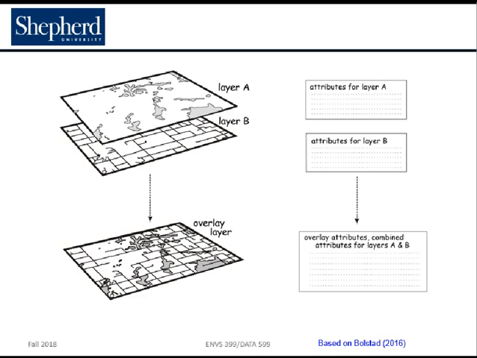Overlays involve combining spatial and attribute data from two or more spatial data layers, and they are among the most common and powerful spatial data operations. So an overlay is a combination of different data layers. Both spatial and attribute data are combined and a new data layer is created.